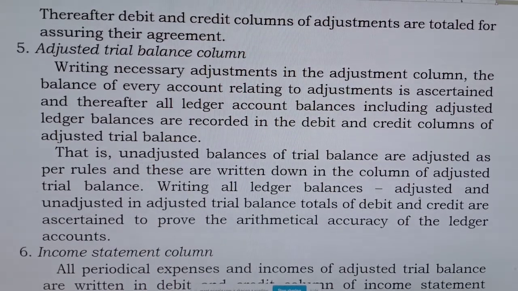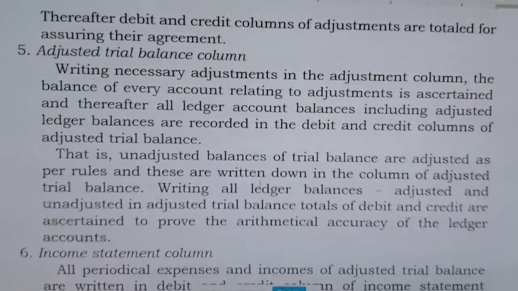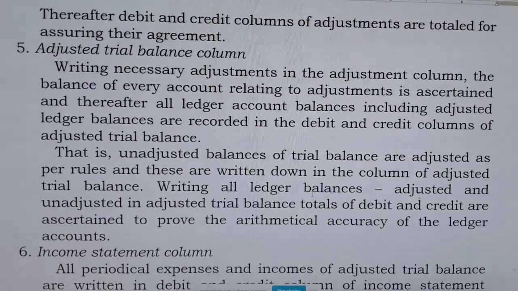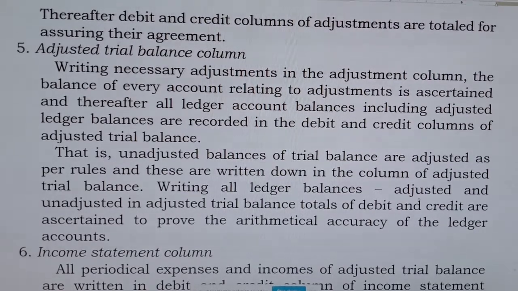So the unadjusted balances of the trial balance are adjusted as per rules, and these are written down in the column of adjusted trial balance. After writing all ledger balances, adjusted and unadjusted, in the adjusted trial balance, totals of debit and credit are ascertained to prove the arithmetical accuracy of the ledger accounts.